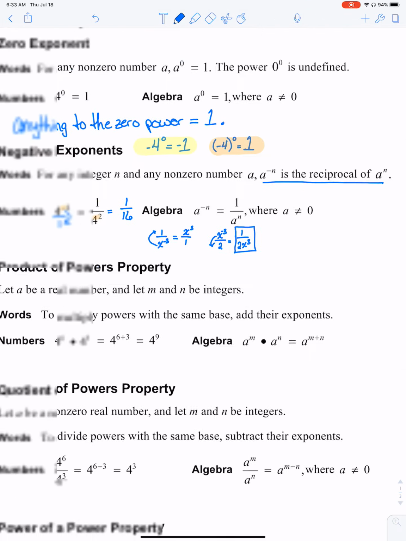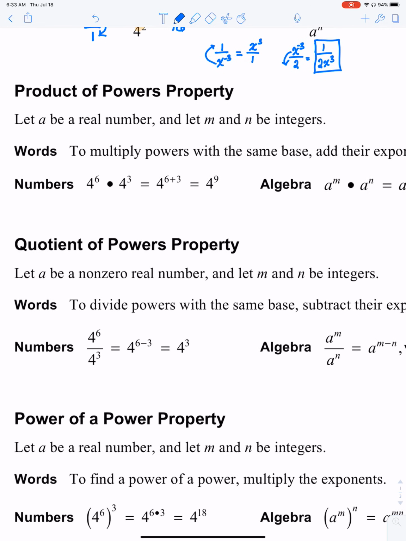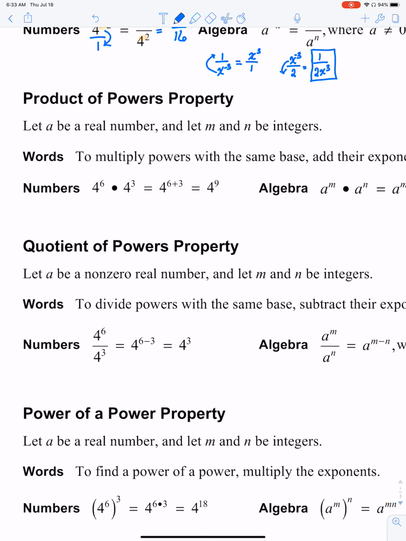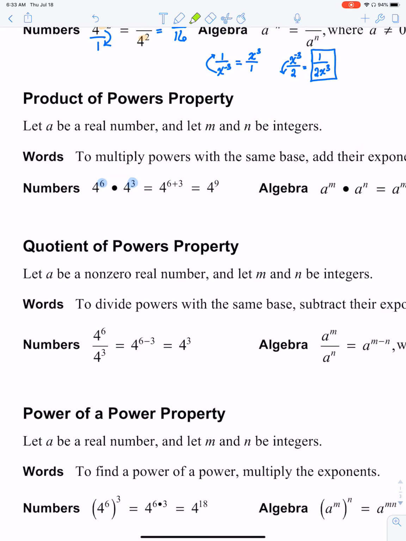The next is the product of powers property. If you're multiplying two exponents, you can add the exponents if they have the same base. Now the base is this number in green here.